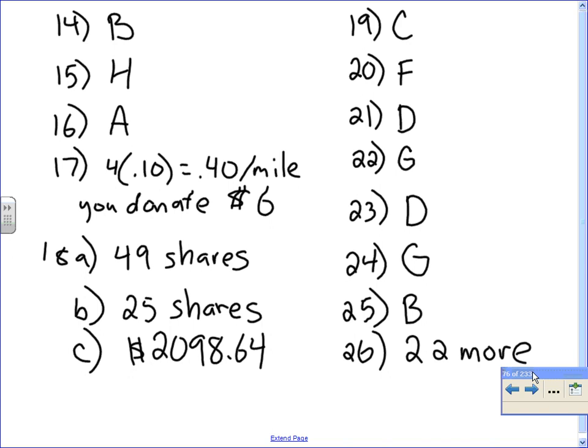So basically, that's your equation you need. Yep. So when you solve for A, Alyssa, you get 49 shares.